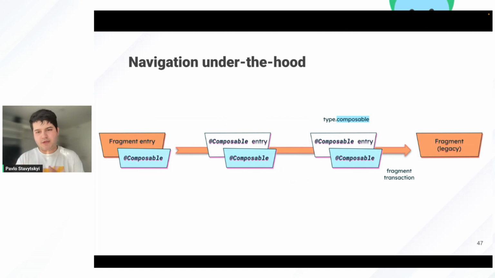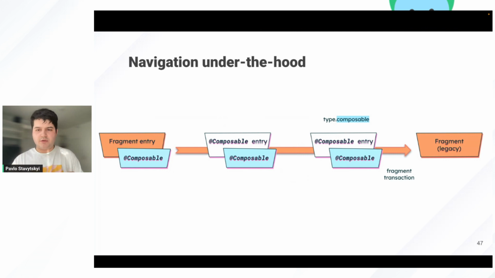And another interesting case is that you have this screen which has composable implementation type, which is not a fragment. And what if you need to navigate to a fragment? In this case, what happens? The navigation controller that we are using just searches for the closest fragment in the backstack. In our case, it's the first screen, which is also a composable function, but it's wrapped with a generated fragment.